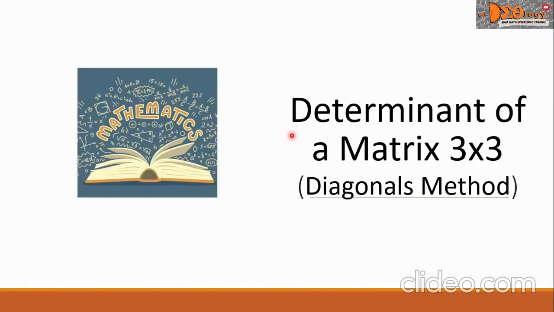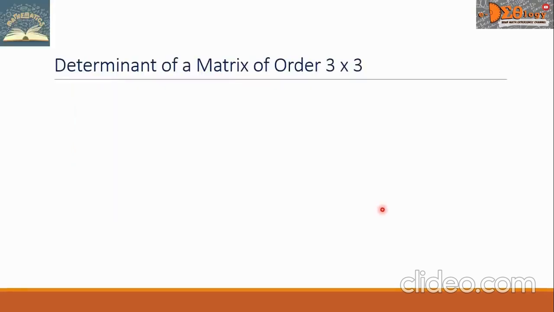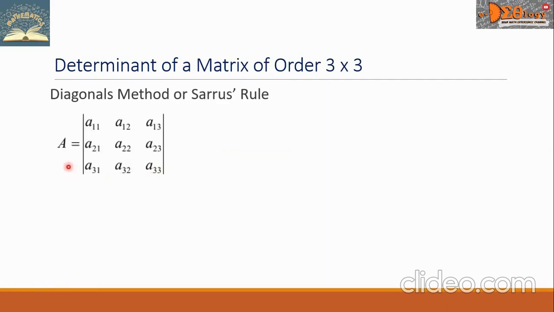Today, we're going to study determinant of a matrix 3 by 3 using diagonals method. The diagonals method is sometimes called Sarrus rule. Given this matrix 3 by 3 with corresponding elements, we're now using the Sarrus rule.